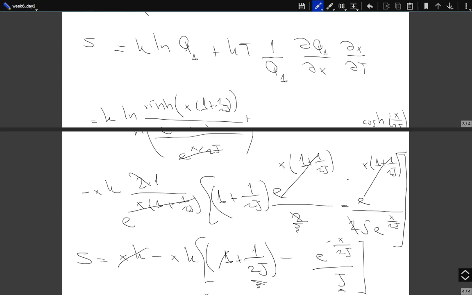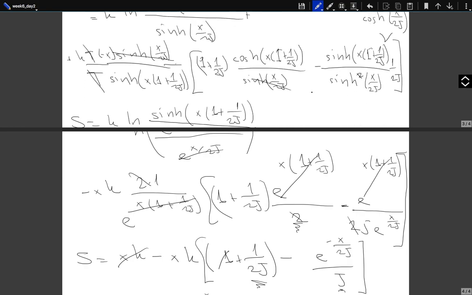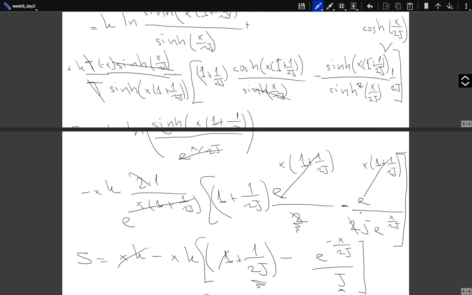So in this term we have an additional cosine. From cosh we have e to the power x over 2j times 1 over 2.